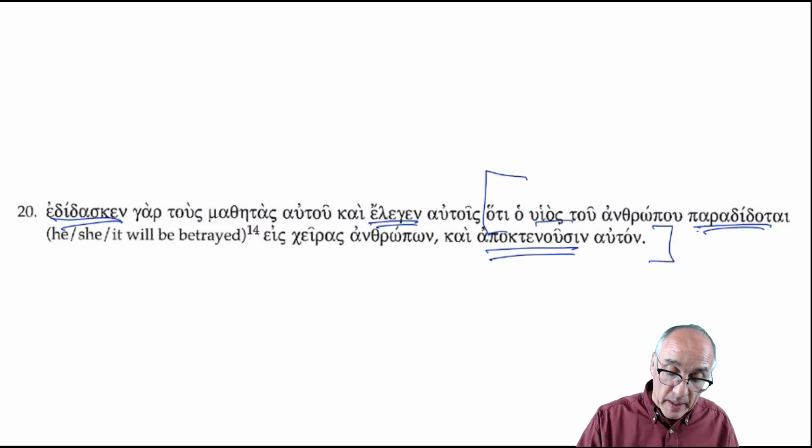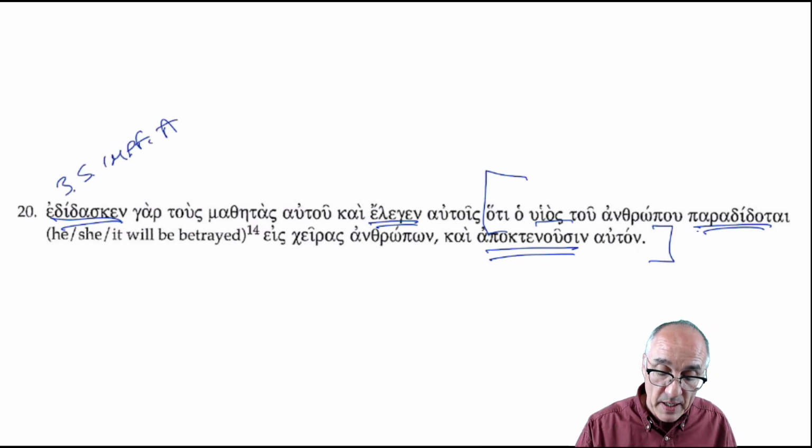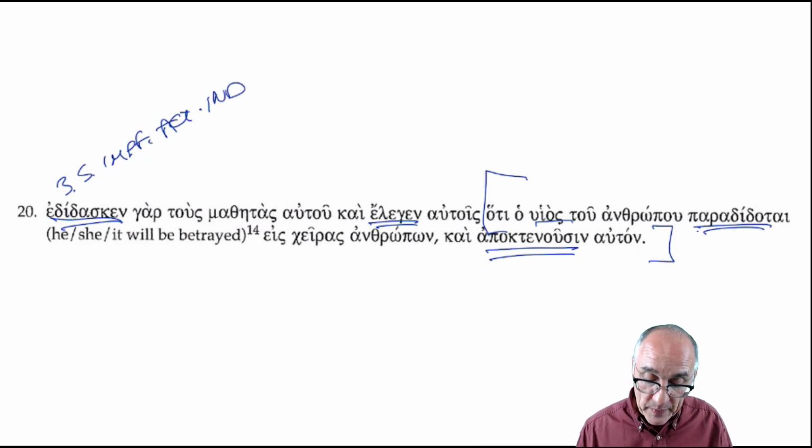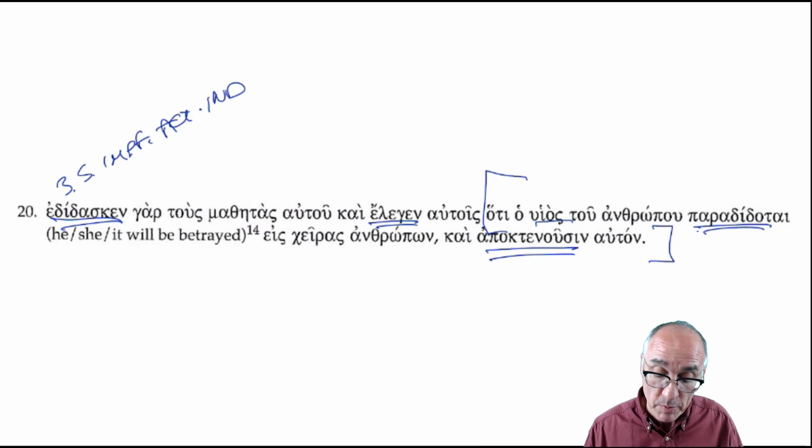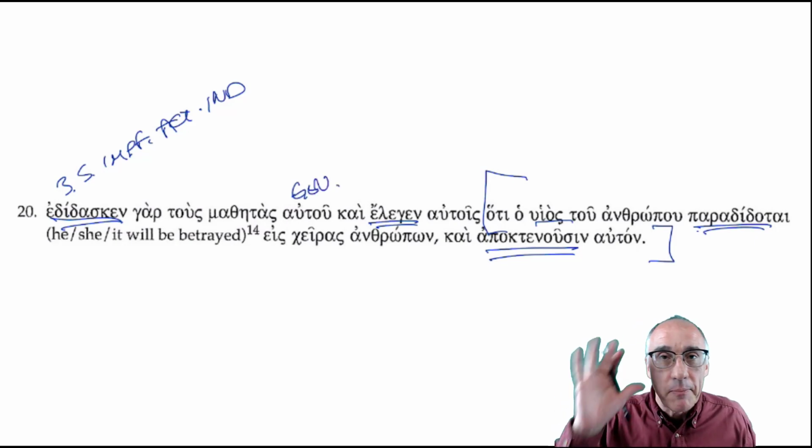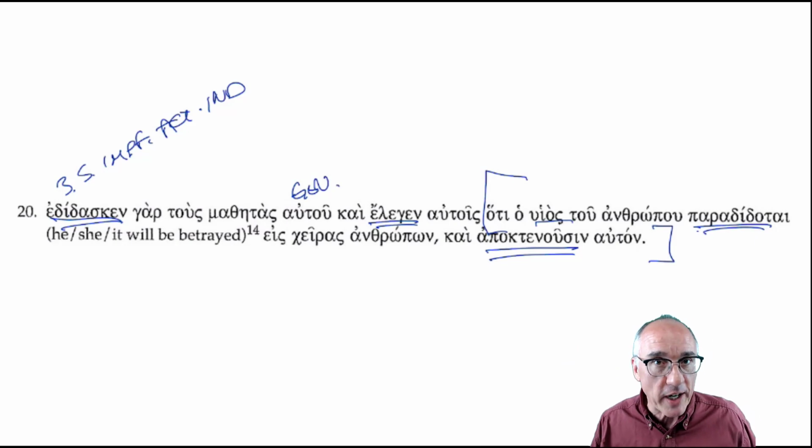So, gar edidasken, he was teaching, third person, singular, imperfect, active, indicative. He was teaching the disciples, his disciples, autou, genitive. Notice, my goodness gracious, the placement of the genitive right after that noun.